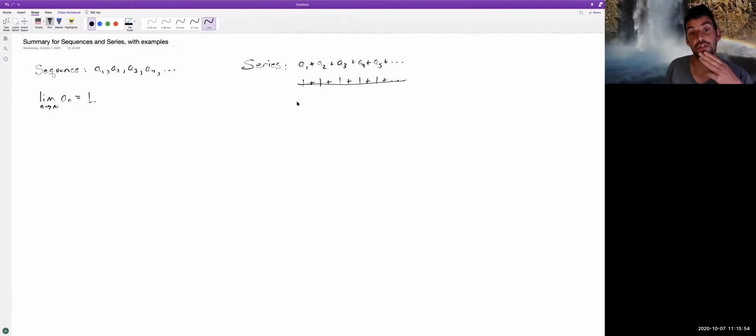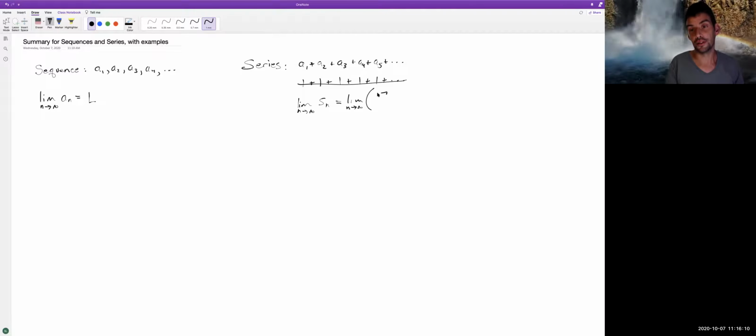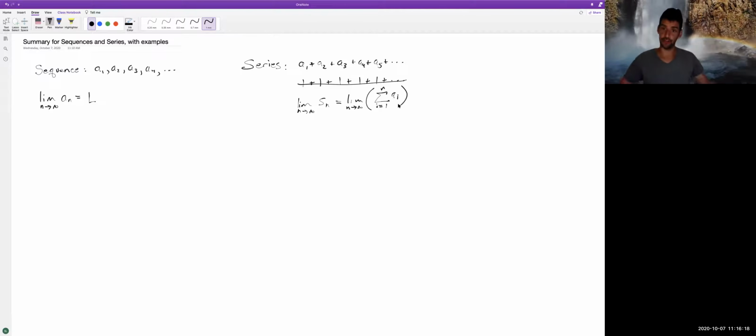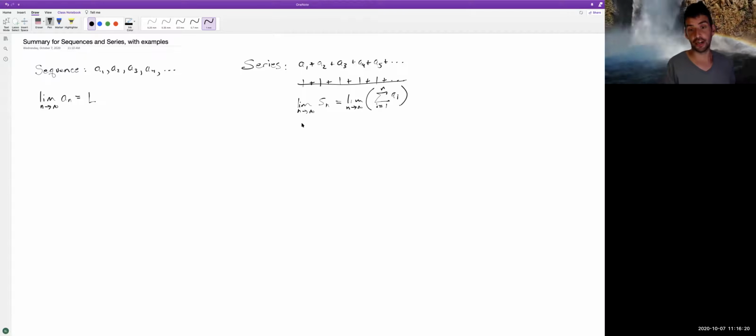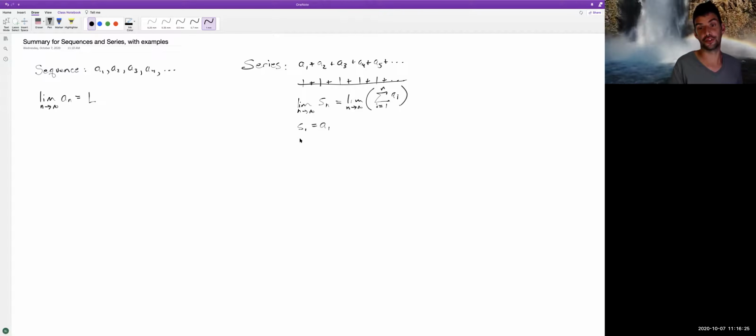What we do for convergence here is we look at the limit as n goes to infinity of what we call the partial sums. I'll use the notation, the sum from i equals 1 to n of a sub i. What this notation is saying is, if I write down the first partial sum, that's just the first term.